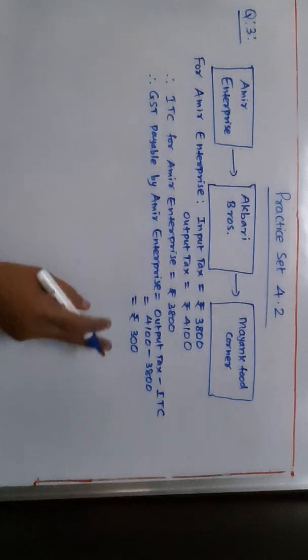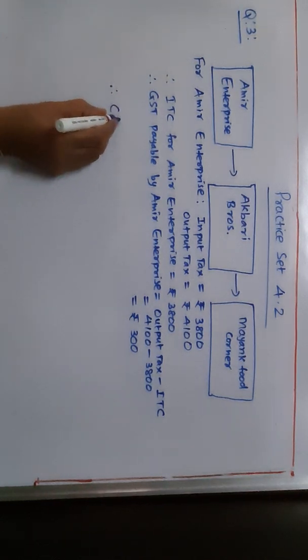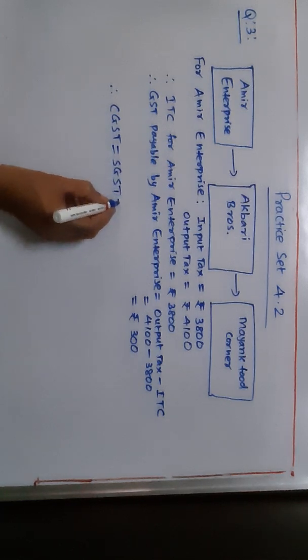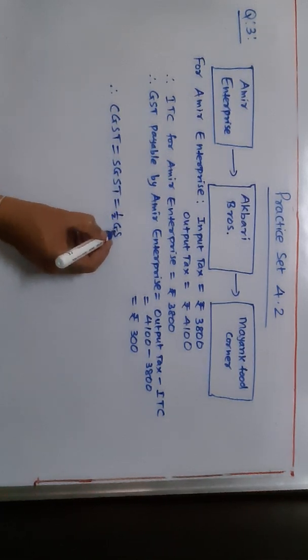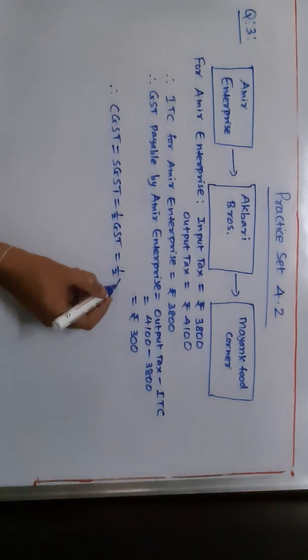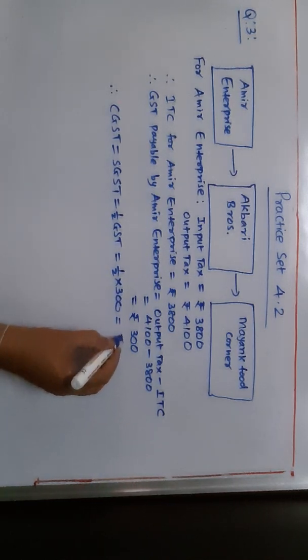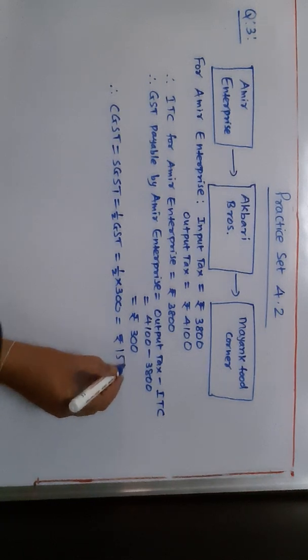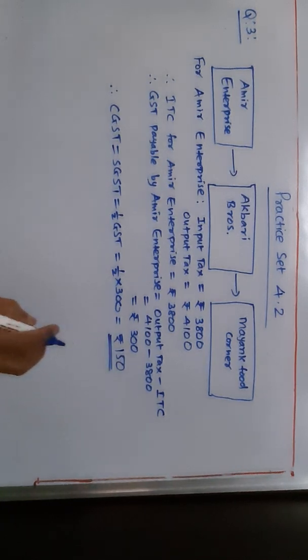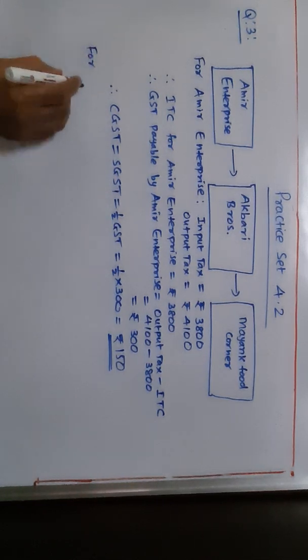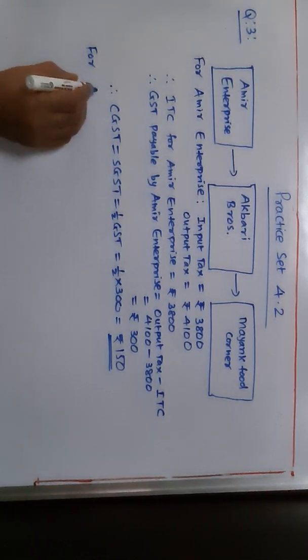And as you know, CGST is equal to SGST is equal to half of GST, which is half of 300 rupees. So Amir Enterprise will pay CGST as well as SGST of rupees 150. This is for Amir Enterprise. Now we will similarly calculate for Akbari Brothers.